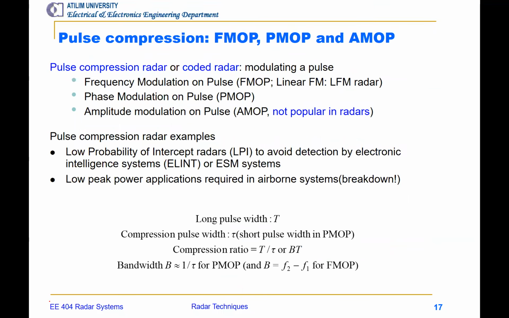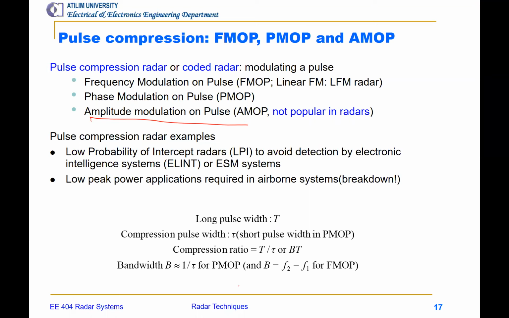There are basically two ways to implement pulse compression. One is to use frequency modulation. The other one is phase modulation. Amplitude modulation is not popular and is not applicable in most radar systems.